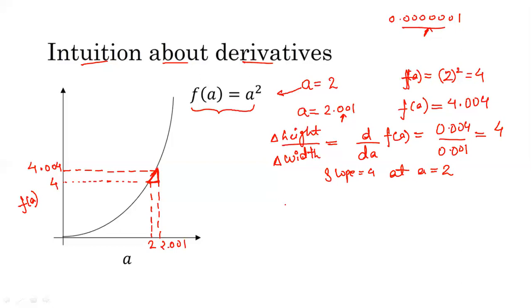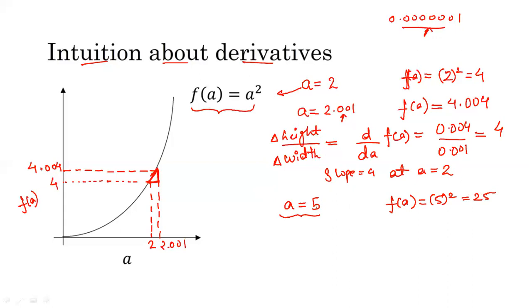Now suppose we take another point, a equal to 5, and we need to find the slope of this curve at a equal to 5. For a equal to 5, f of a equals 5 square, that is equal to 25.